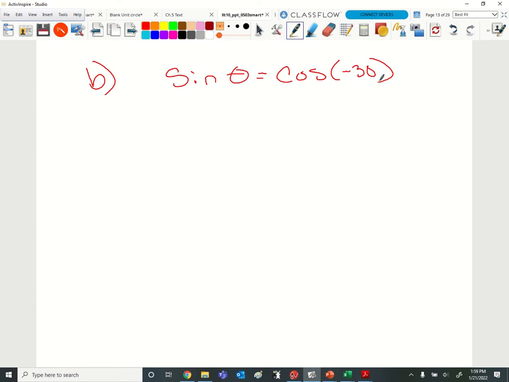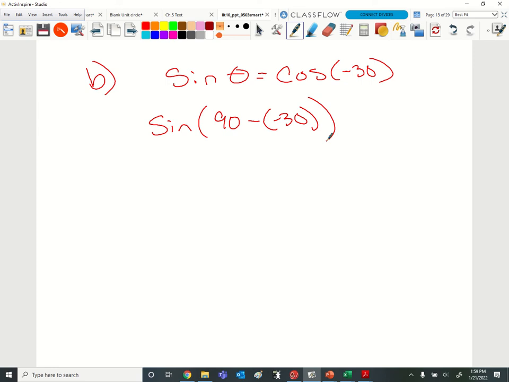Well, no, but I'm saying in the end it's going to be 90 plus 30. Yes, but I want that step in between. So together they have to add up to 90. So how would I start by saying this? Sine of 90 minus negative 30.